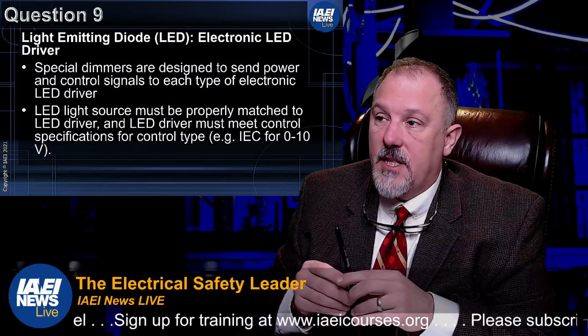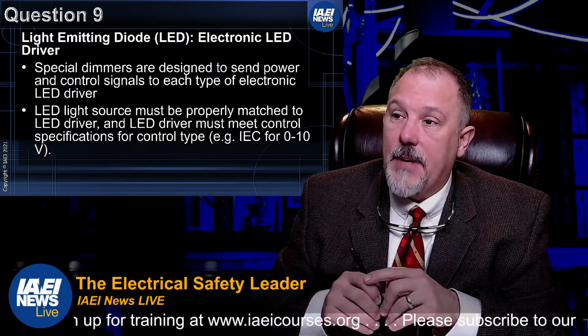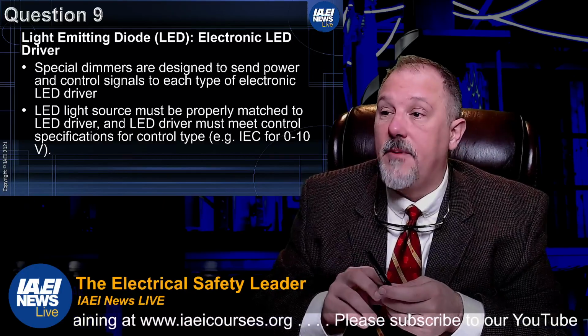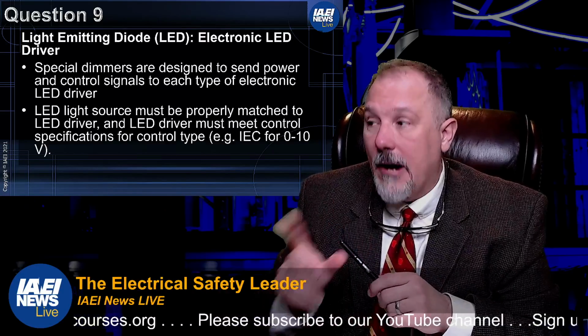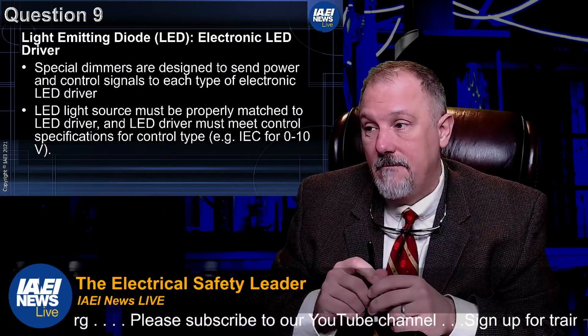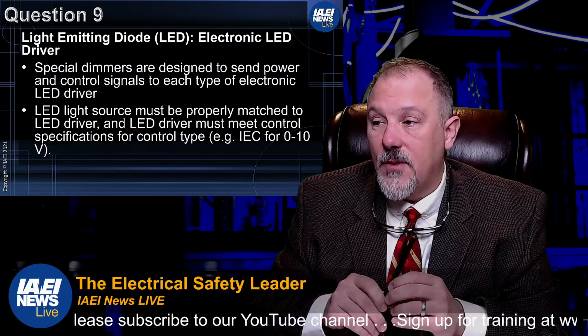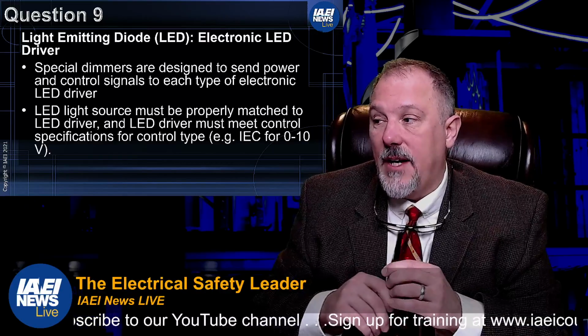LEDs. Special dimmers are designed to send power and control signals to each type of electronic LED driver. The LED light source must be properly matched to the LED driver, and the driver must meet control specifications for the control type.